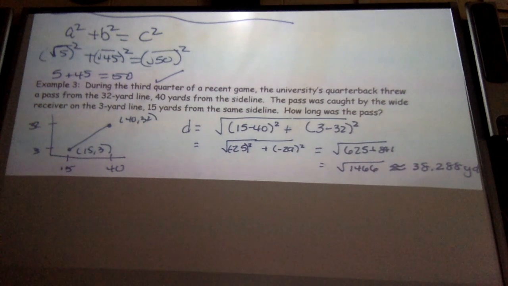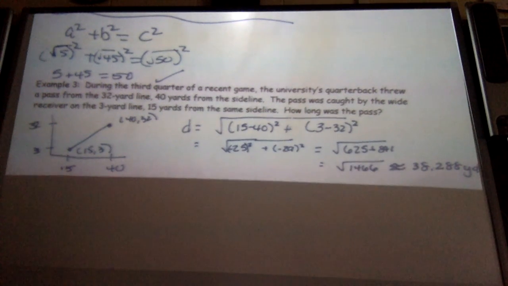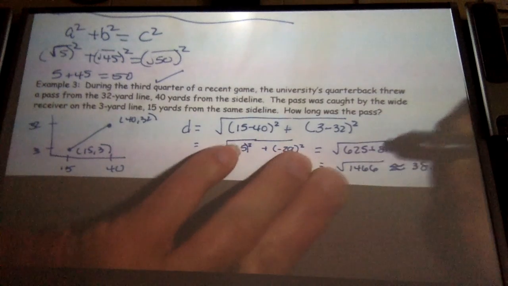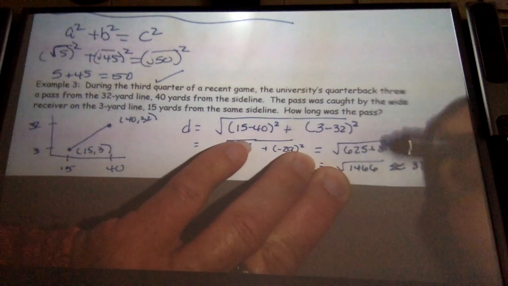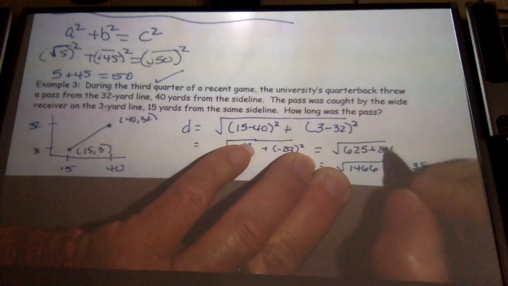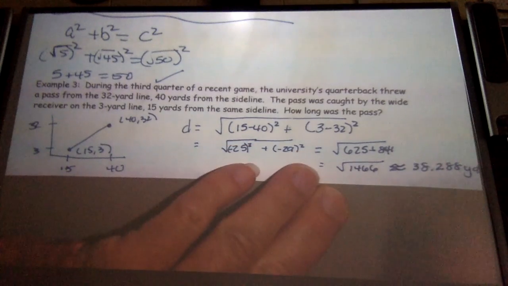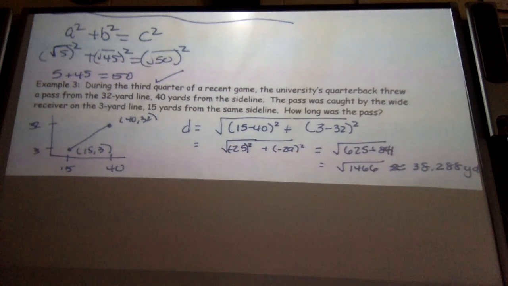Say that again. 625. What is that? It's negative 29 squared. The one over. This one's 625 plus 841. That's 29 squared. Negative 29 squared.